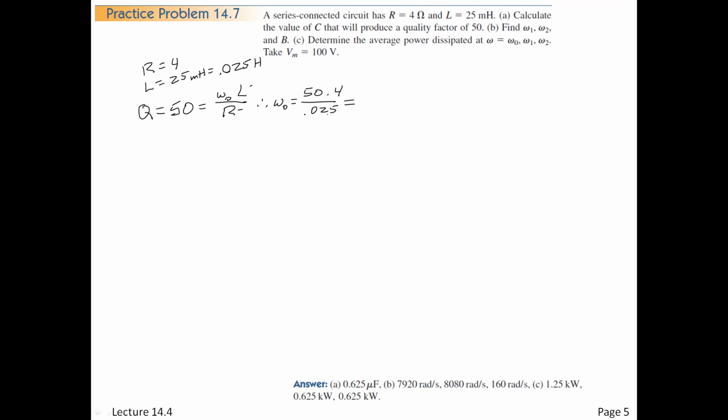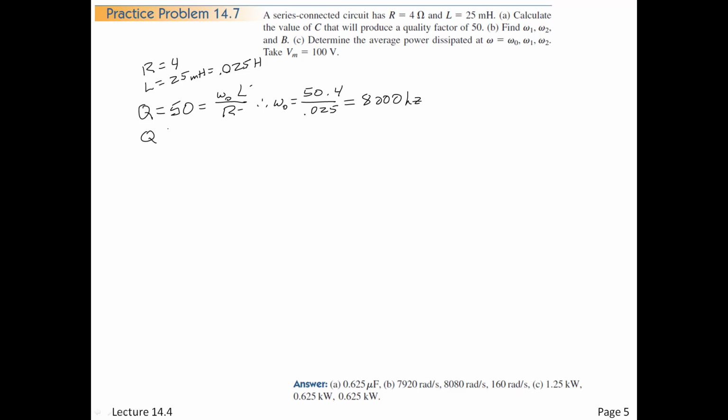Let's see, that goes into there twice with an extra 100. So 20 times 4, this looks like about 8,000 hertz.